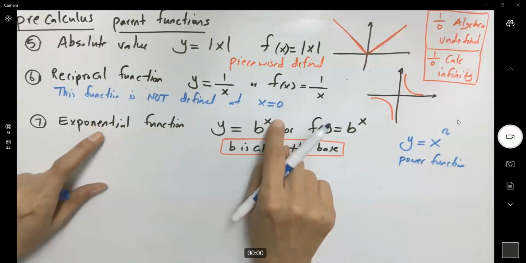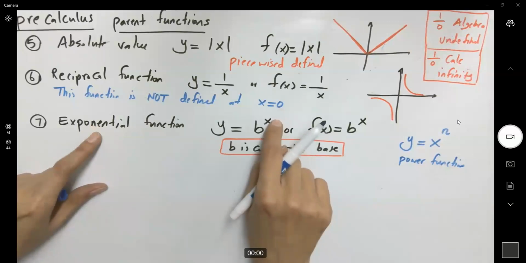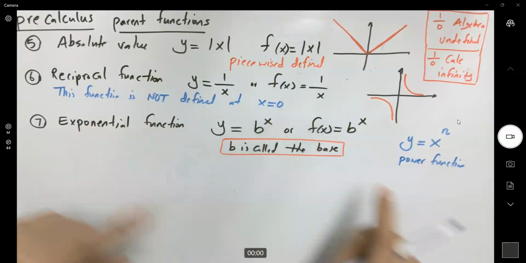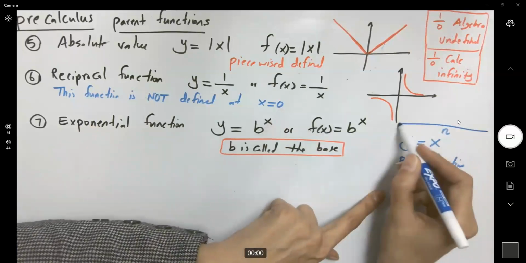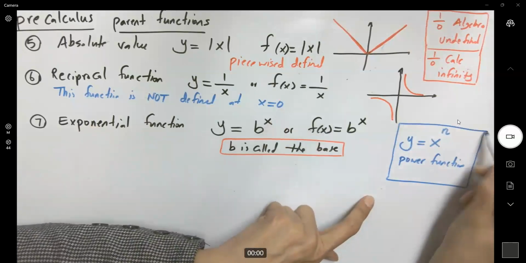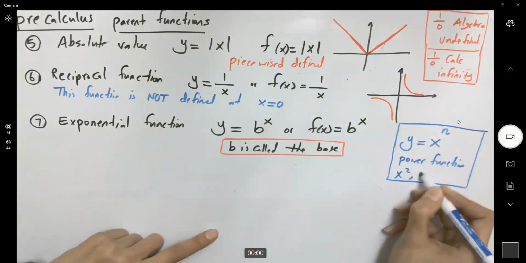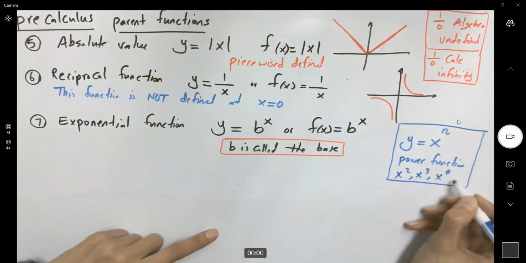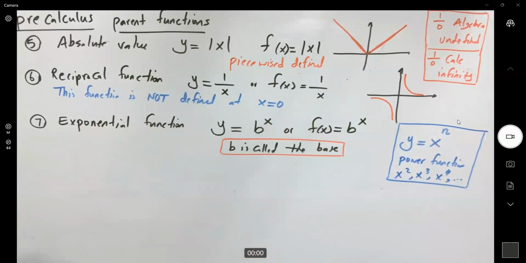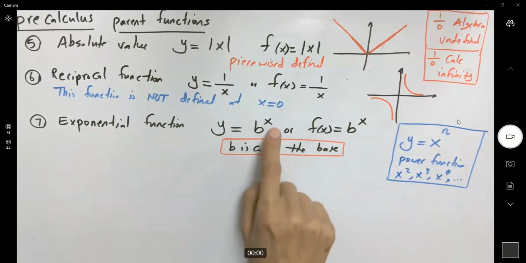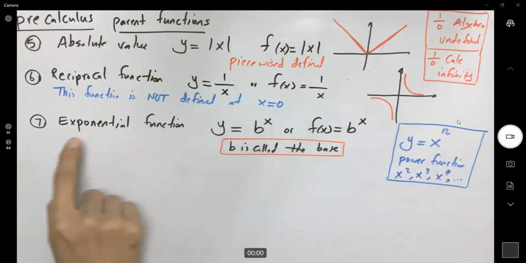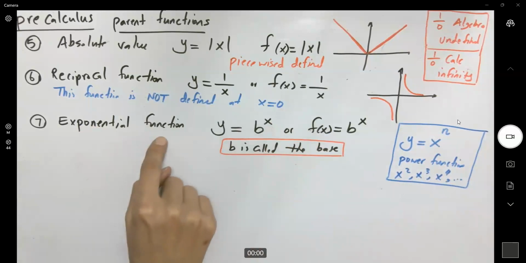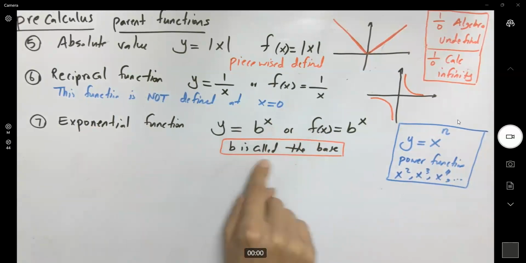Your exponent is x. Power function, x to the n, like x squared, x cubed, x to the 4th, and so on. These are examples of power functions. b to the x is called exponential function. b is the base of your function.